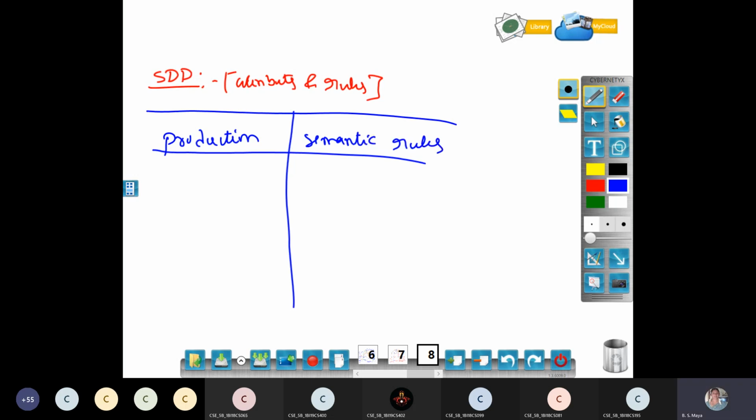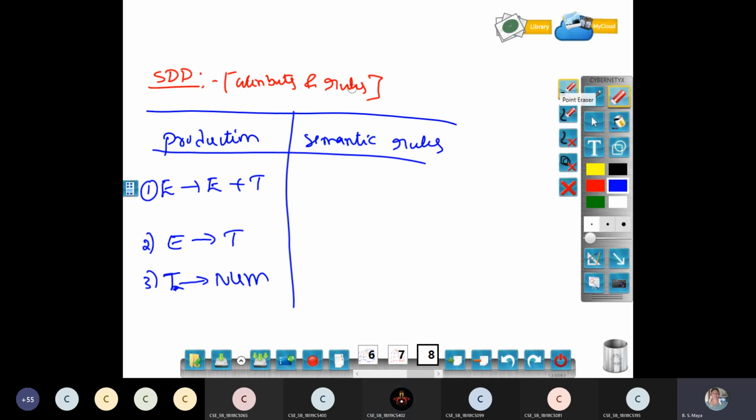I am taking a simple problem. What are the productions I gave? E derives E plus T or T. Don't write in the same line because I want to write every rule separately. Yes, ma'am. T derives number. For the sake of simplicity I use only number, you can take number only. Okay.